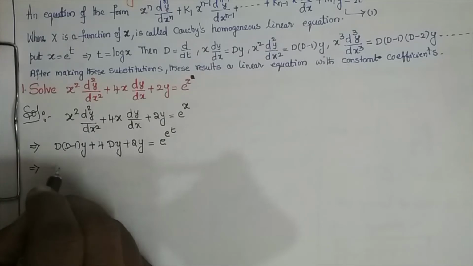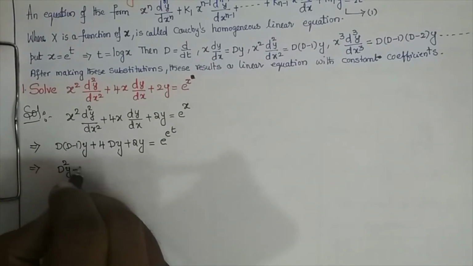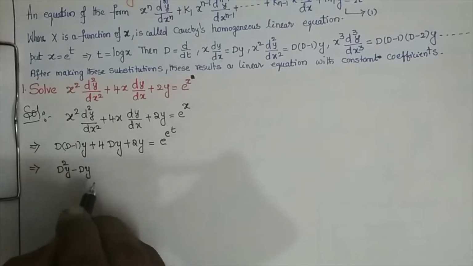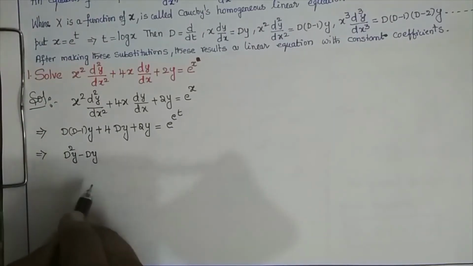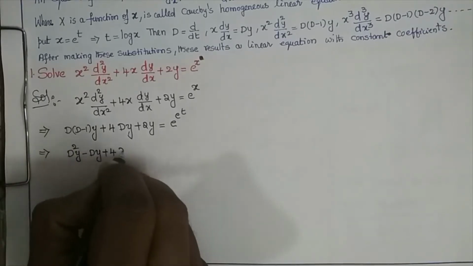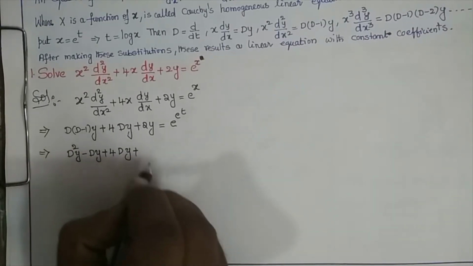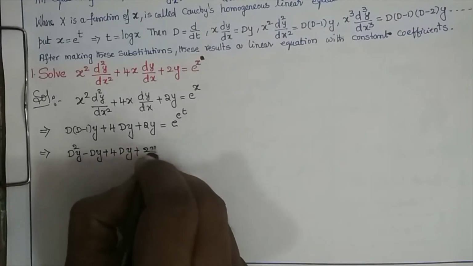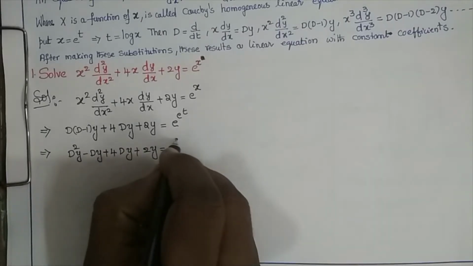Simplify this one: D^2y - Dy + 4Dy + 2y = e^t.